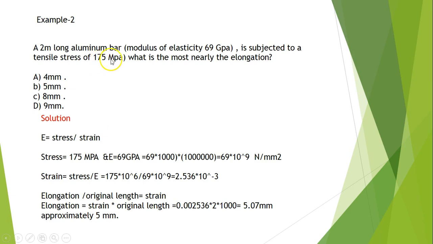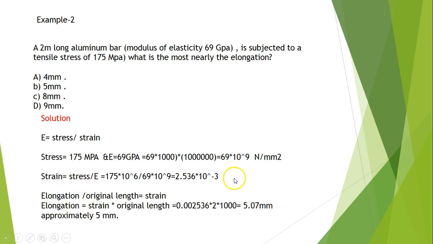Stress is 175 megapascal, which is 175 times 10 to the power of 6, divided by E, which is 69 multiplied by 10 to the power of 9, which will give us 2.536 multiplied by 10 to the power of minus 3. This is dimensionless. In order to get the elongation, we have to utilize the equation delta L over L is equal to the strain.